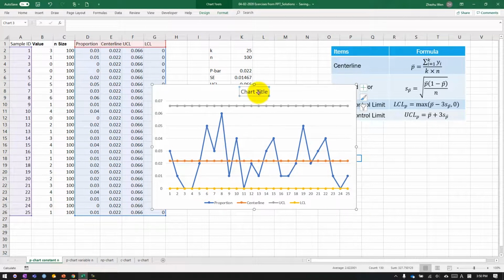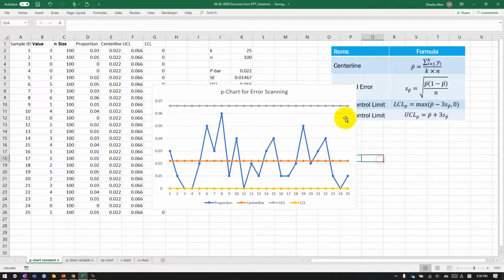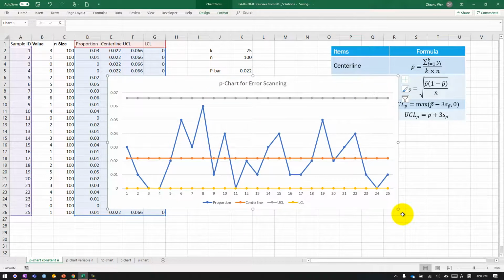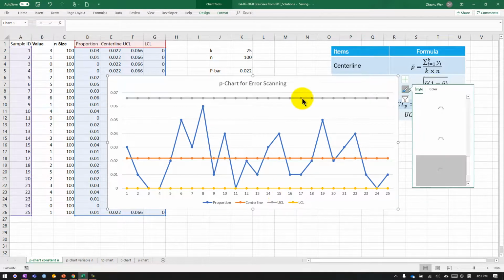Change its name to P chart for error scanning. So this can tell you intuitively whether this process is in control or not. You can see the center line here is in orange color, the upper control limit is in gray color, the yellow color is the lower control limit, and your actual proportion is using the blue dot right here.